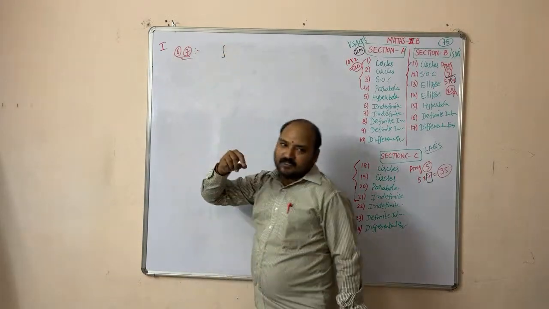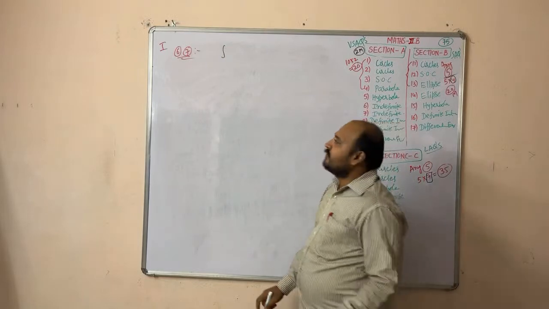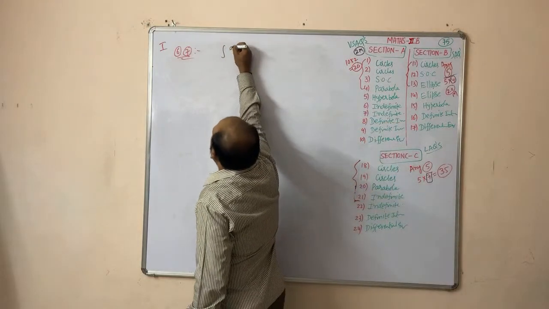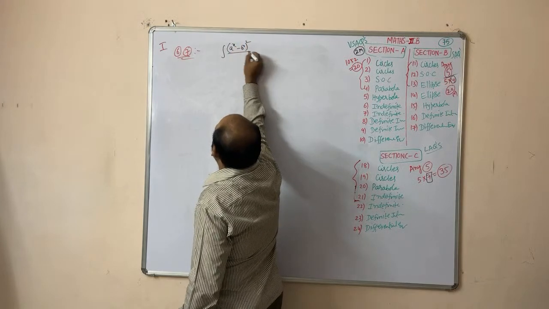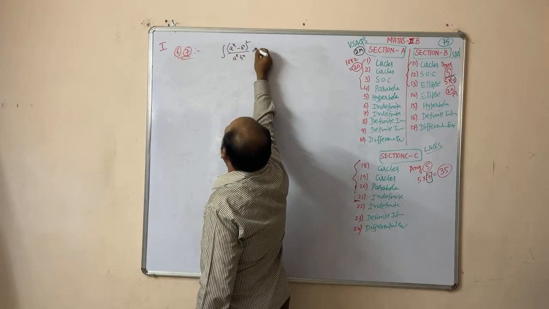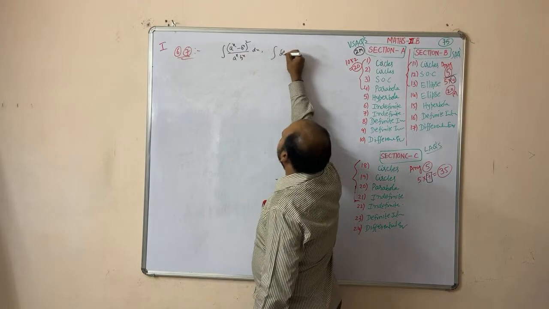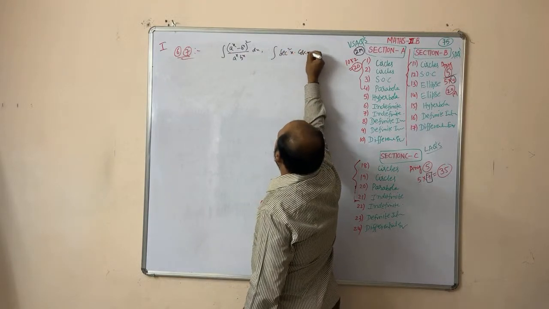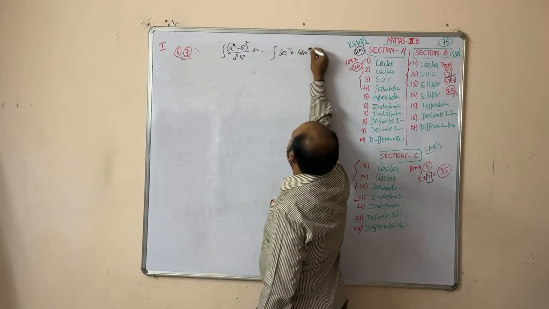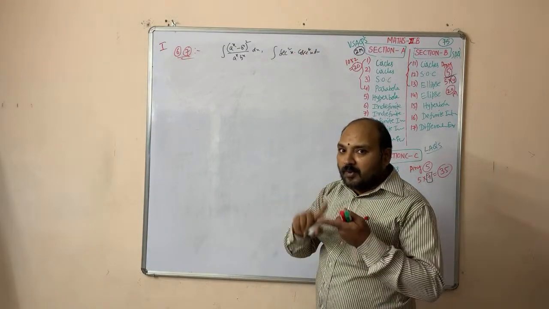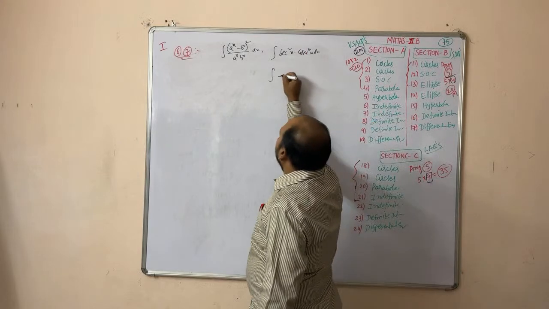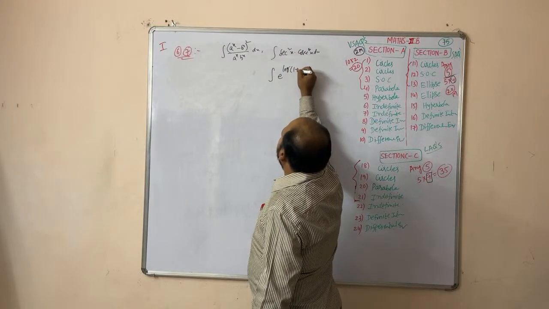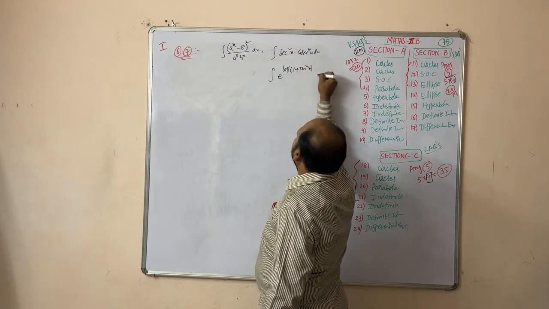The first exercise, if you go to the 6A exercise, first exercise, integral of (a power x minus b power x) whole square divided by a power x into b power x. Integral secant square x into cosecant square x dx. Like these questions. The problems which are based on trigonometry, especially integral e power log (1 plus tan square x) dx.